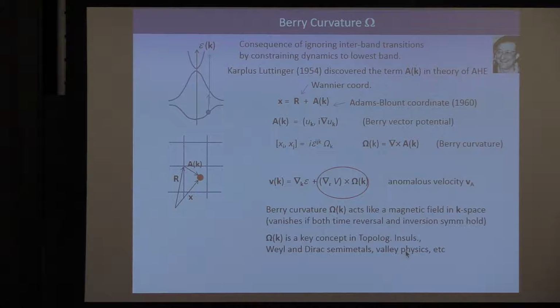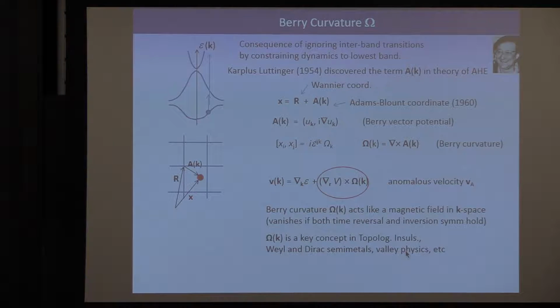It's the overlap between the periodic parts. And this reminds you of particle motion in a magnetic field. If you take a 2D gas and do the commutator, you will pick up L squared, the magnetic length squared, in a magnetic field.